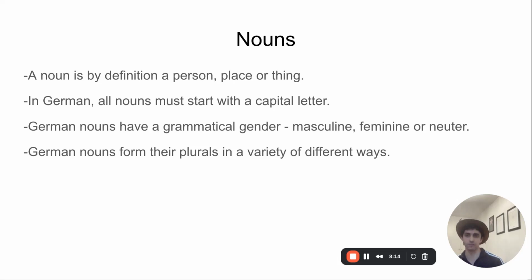So there are at least 5 or 6 main ways in which German nouns can form plurals. There are potentially others too, but 5 or 6 main ones that tend to be most common. And you must make sure that for each noun you identify how you know how to form the plural for that particular noun. And again, there are definite shortcuts that can help with this, as I'll reveal.